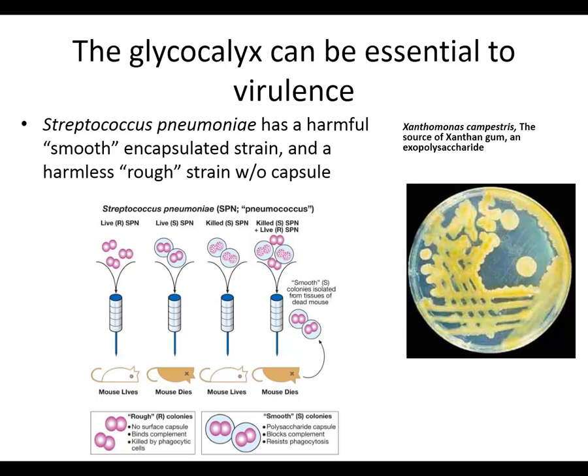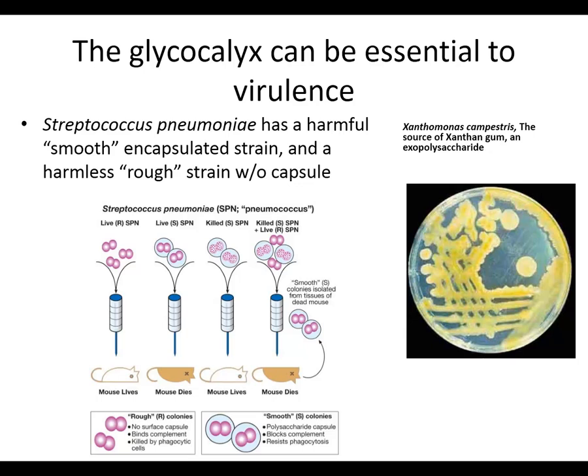Okay, so anyway, here, bacterial glycocalyx, right? Delicious food additive. Here, little more medically relevant, right? Two strains of strep pneumo, same species. One member of the species makes glycocalyx, makes a capsule in this case. The other doesn't.